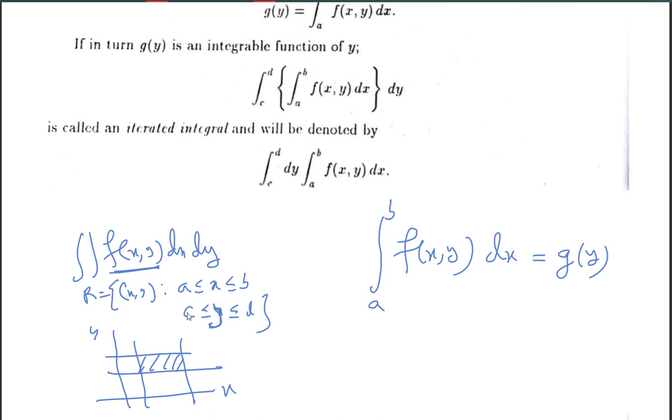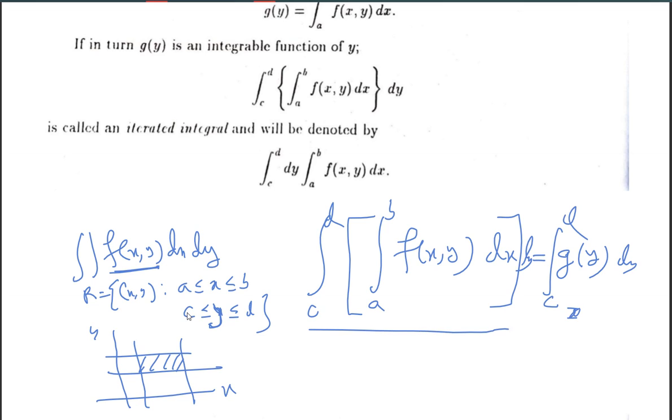If you integrate from a to b f(x, y) dx, integrating with respect to x, that will be completely a function of y. After that, whatever you get, if you integrate with respect to y now, from c to d, that will have some value.